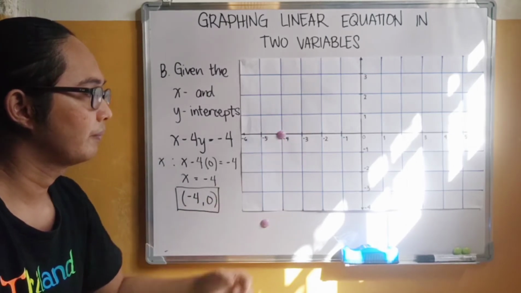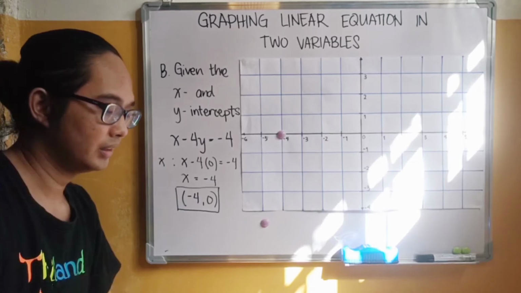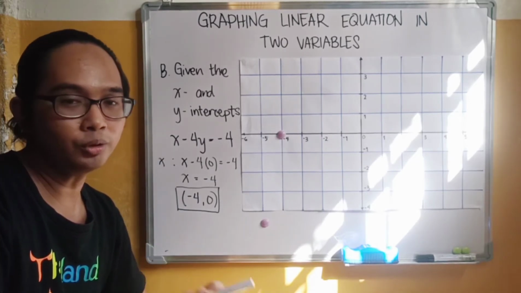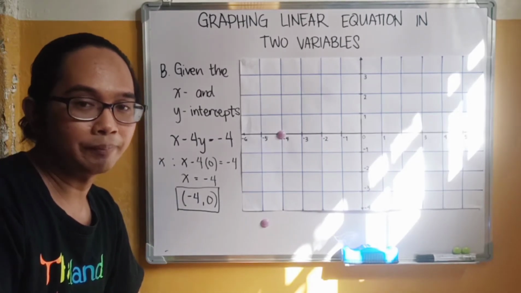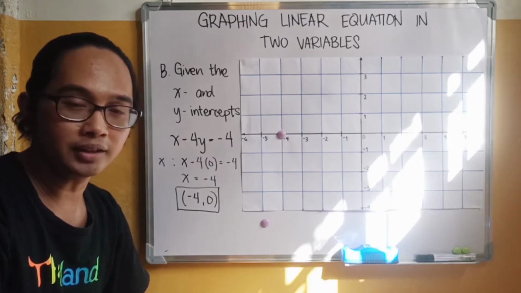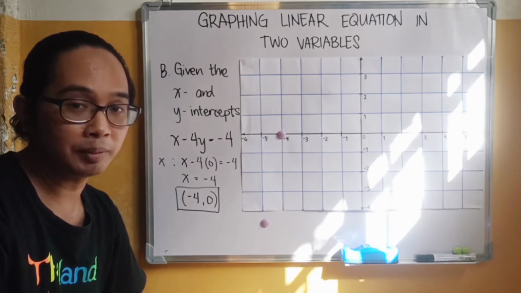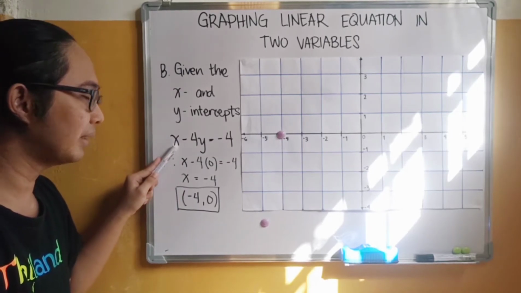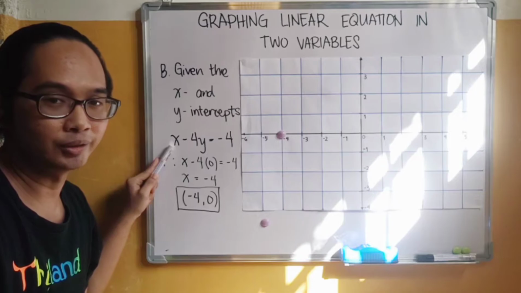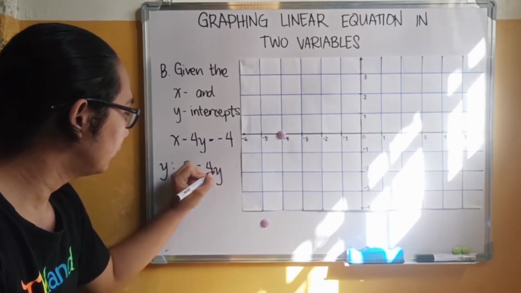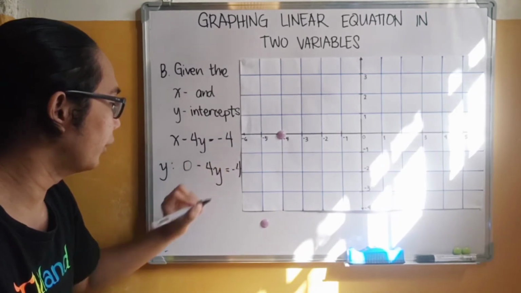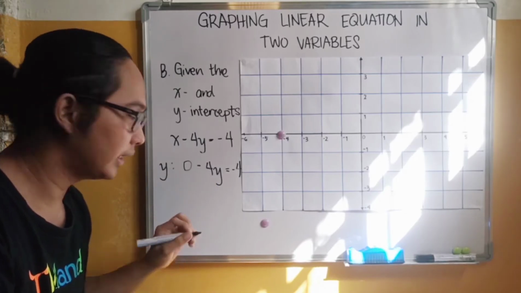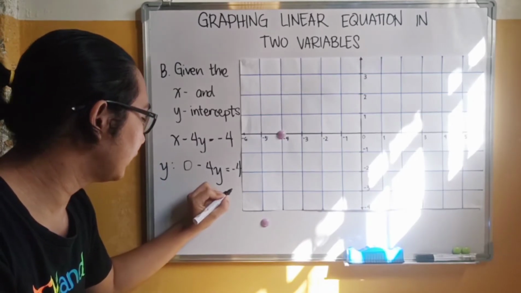So ito siya. Malinaw? The next thing that we need to do is we need to know the y-intercept. In order to know the y-intercept, the value of x must be 0. So from our linear equation, si x naman ay papalitan naman natin ng 0. 0 minus 4y is negative 4y equals negative 4.